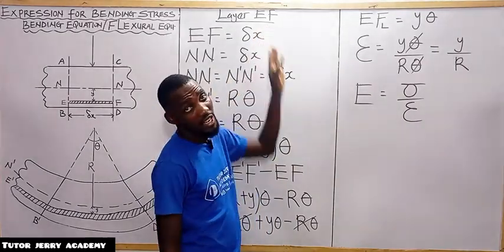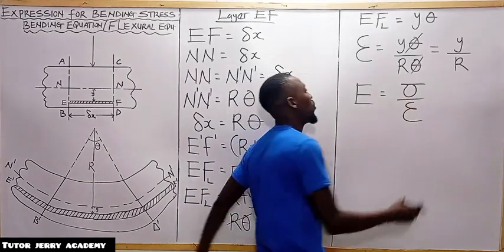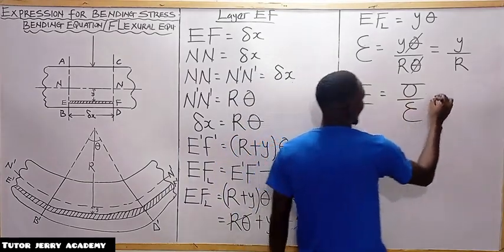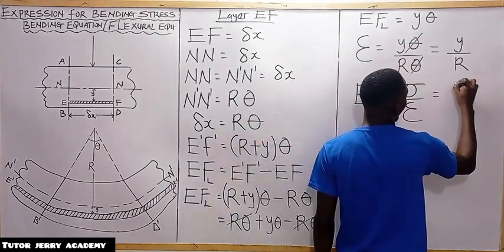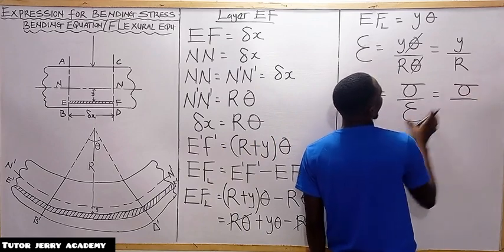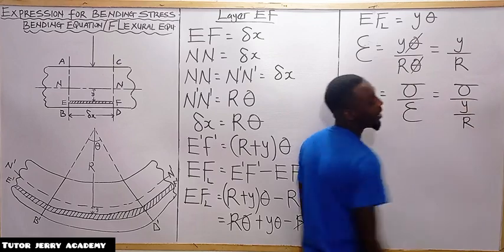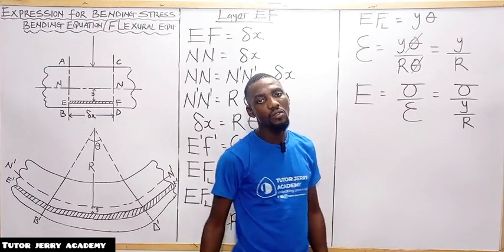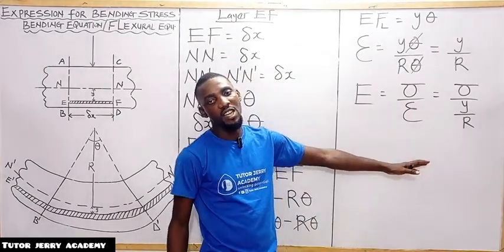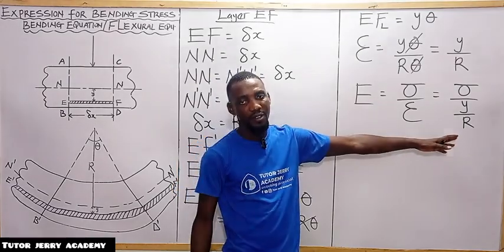Layer EF. All right, so now we are going to substitute for our strain here. So we are going to have stress divided by strain, and our strain is what? Y all over what? All over R. So this is what we have, right?